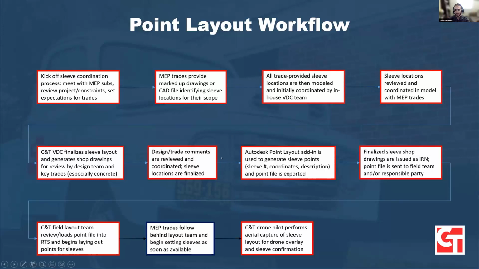Any final comments we get are then corrected. From there, we generate the point layout and either send it to the responsible party or our field team for internal layout. And then those trades follow almost immediately behind, setting those sleeves as soon as possible.